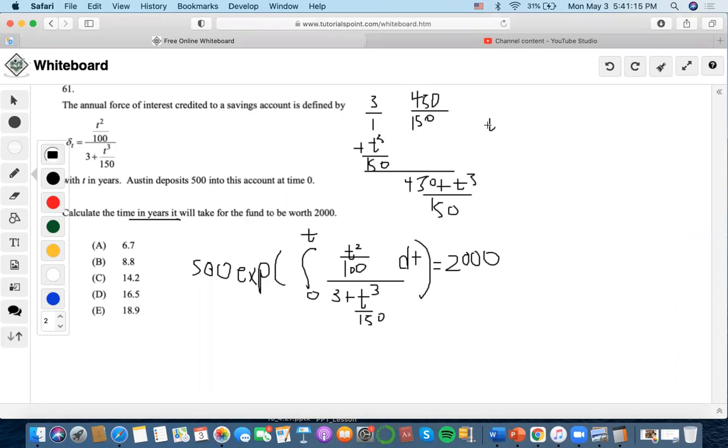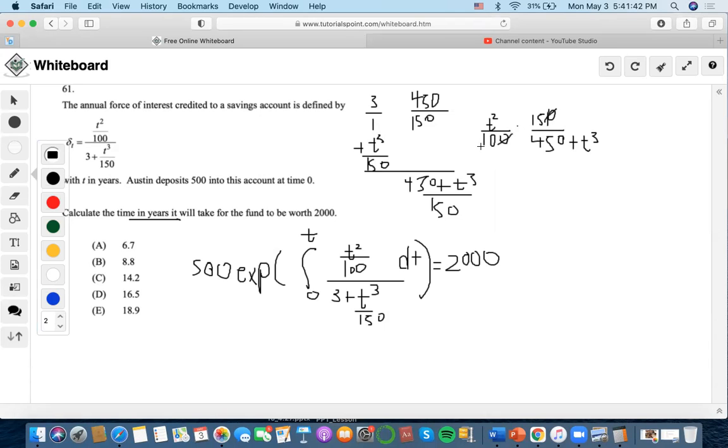So we're going to do T squared over 100 times 150 over 450 plus T cubed. Okay, so we're going to get rid of the zeros.